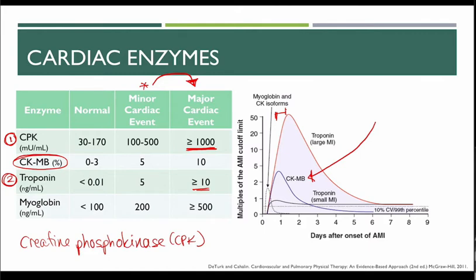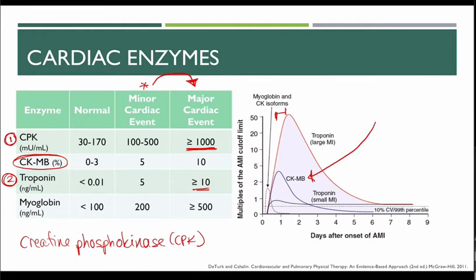When a myocyte dies, it releases its intracellular enzymes, and now they're found in the blood. So if only a few myocytes die, there would be very low amounts of the enzyme in the blood. If you have a massive cardiac event and thousands and thousands of myocytes are dying, the amount of enzyme that's released in the blood is going to be much more. So that is why you see higher concentrations of enzymes indicative of more significant cardiac events.